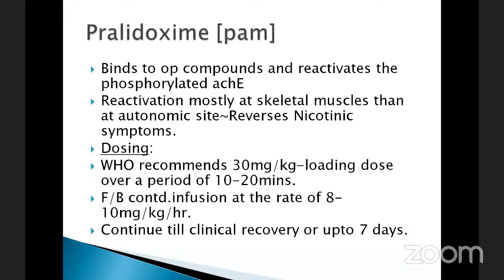Guideline says no need to repeat the serum cholinesterase levels. Serum cholinesterase levels do not correlate. That's right, sir. But I also do it.